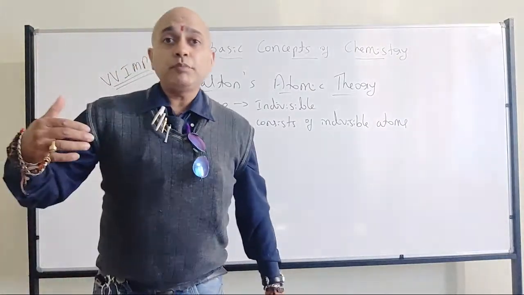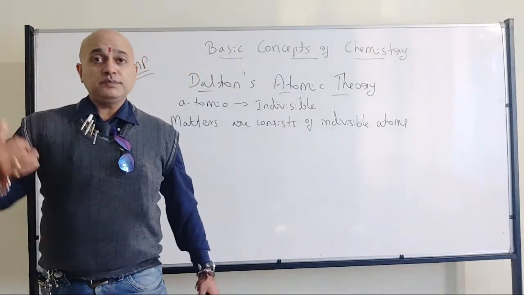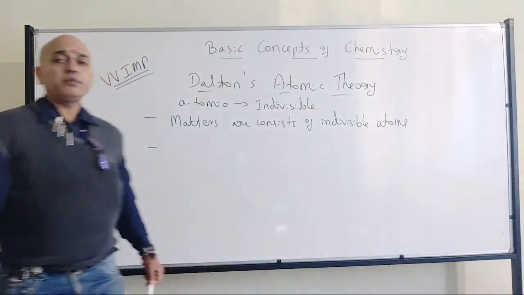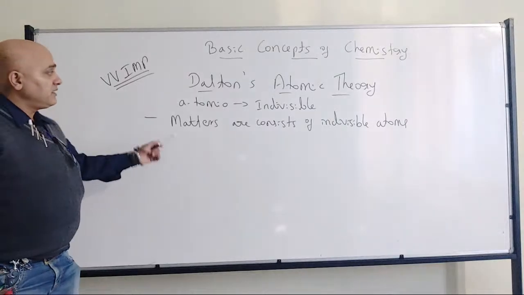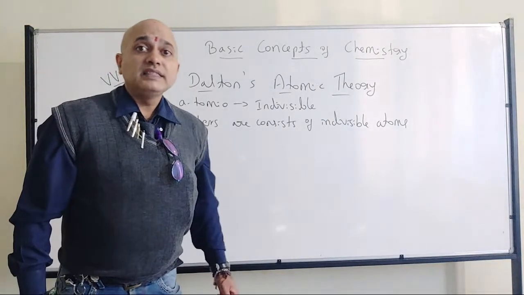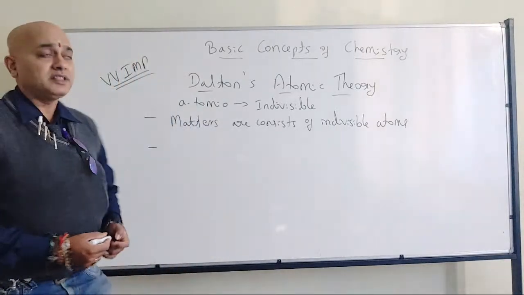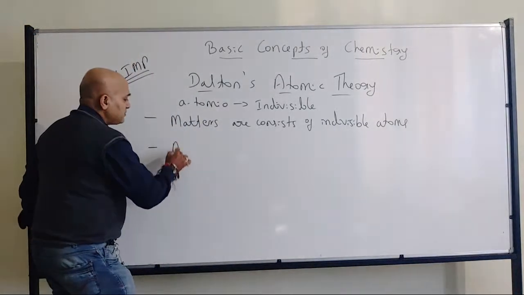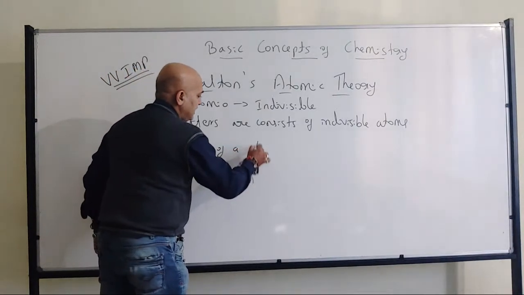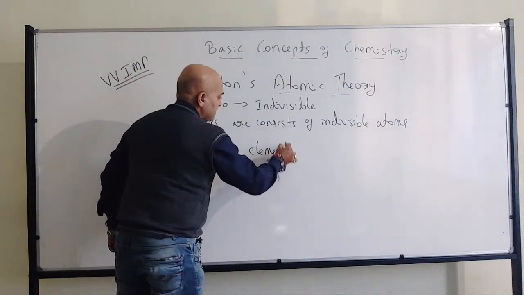Now, while writing the points, this should be the first, this should be the second, that is not compulsory, but an appropriate point should be written. Okay, fine. So that's where we have the first point. Now the next point will be with respect to atoms of an element.